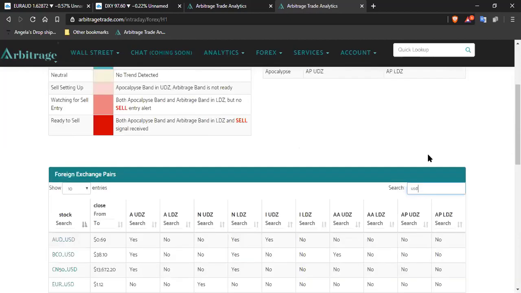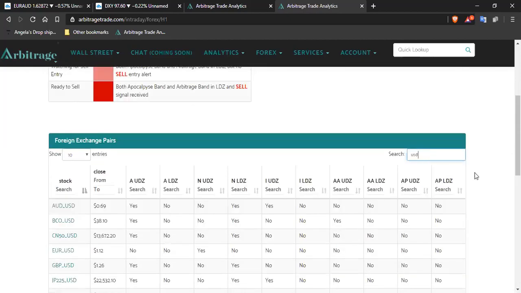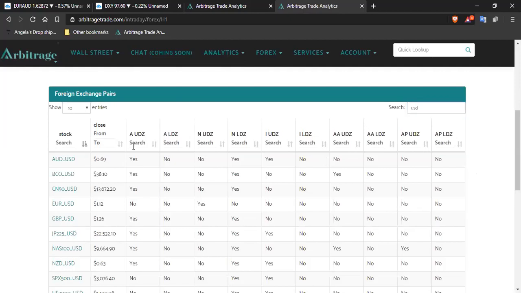So on the Forex 1 hour, come to USD. So AUD USD on the 1 hour. Yeah, that's a confirmed upper danger zone. So I put a check mark next to that. Brent crude oil, that's oil as well, so same thing. You could put a yes to that.